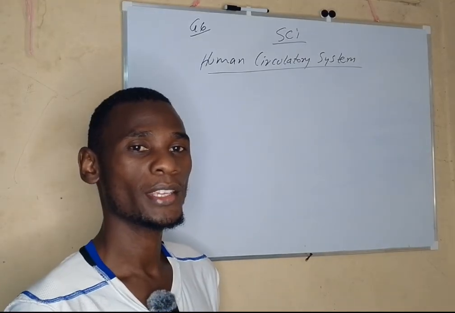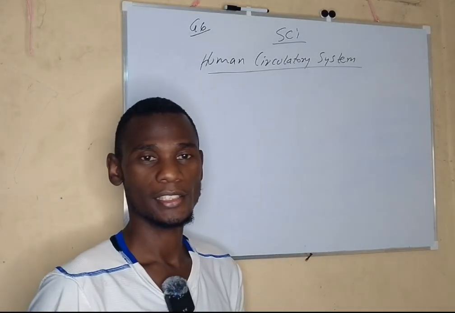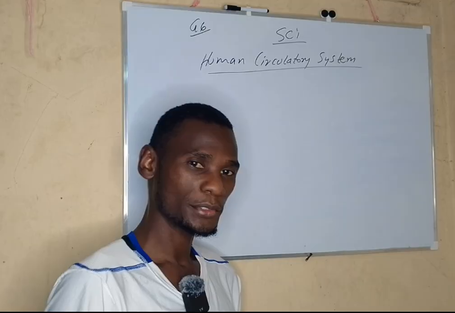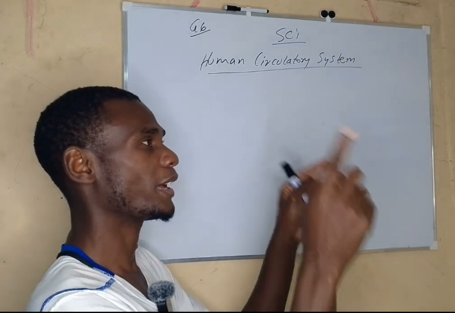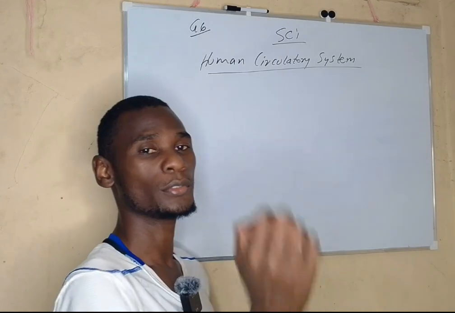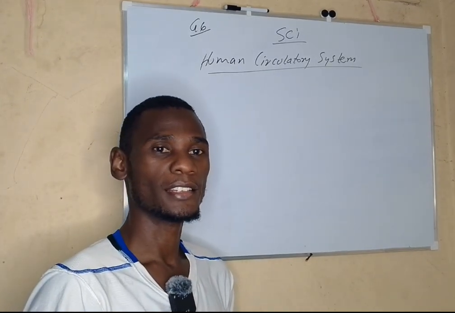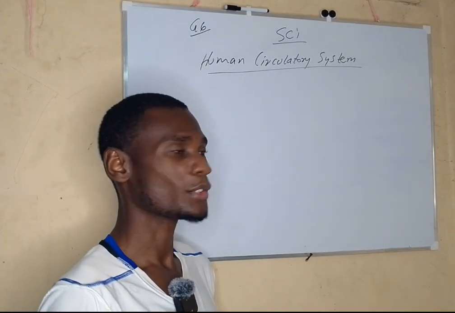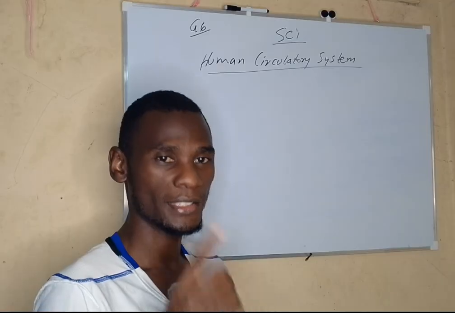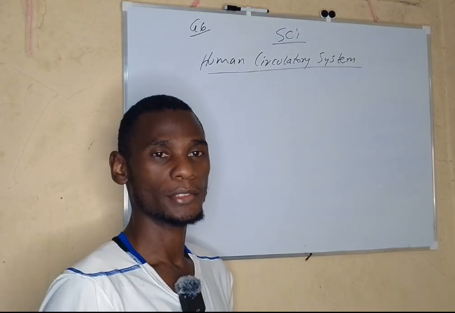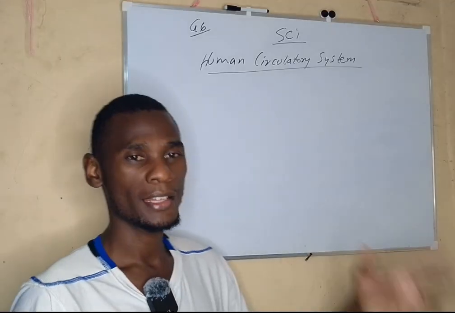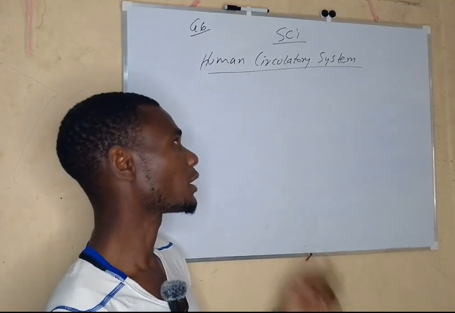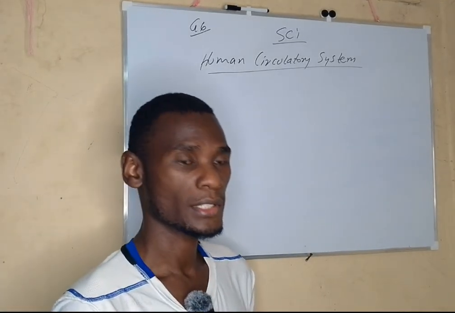So I came up with a way of simplifying it, so that from the word go, just looking at maybe a diagram, you have all the information there. I have decided to simplify it, and it has worked. I have really helped so many learners now understand the concept of the human circulatory system.